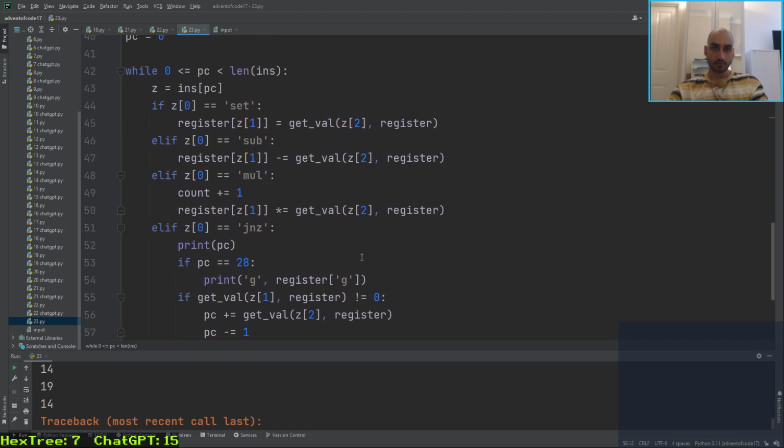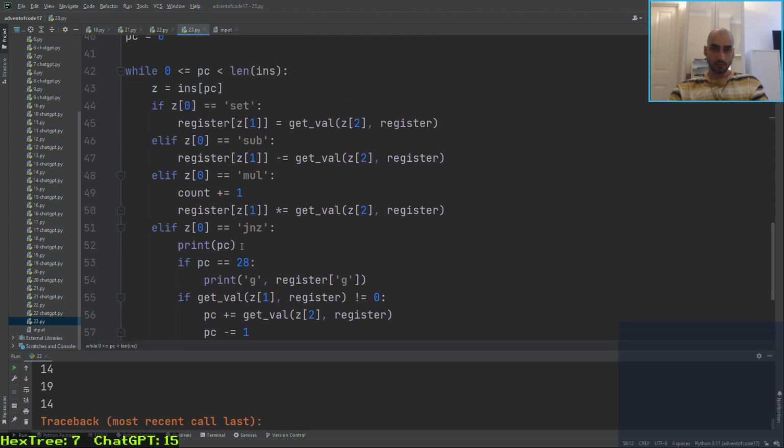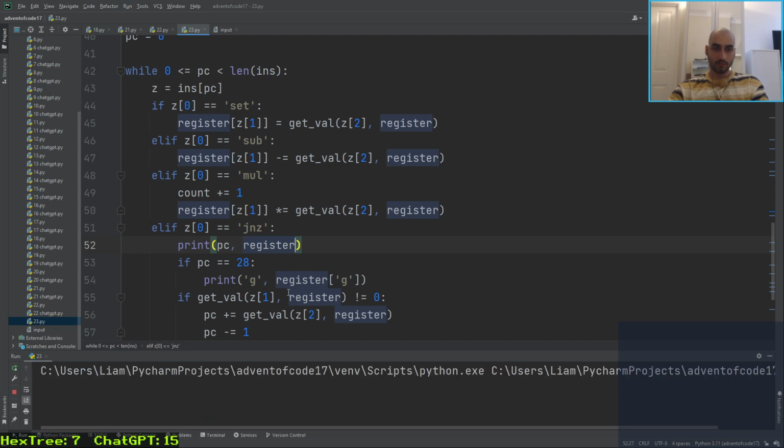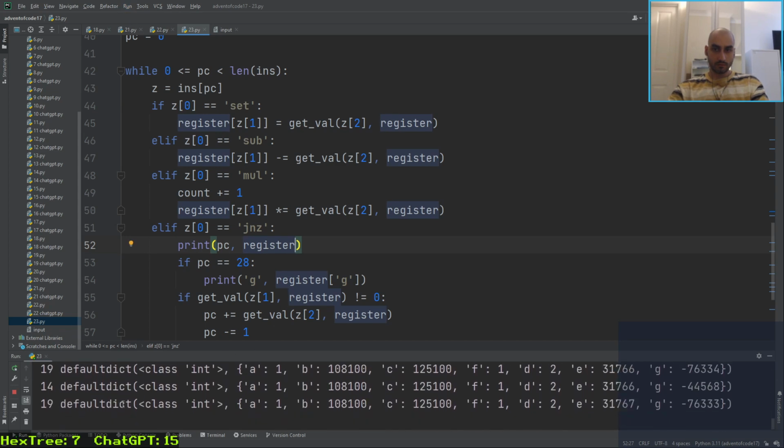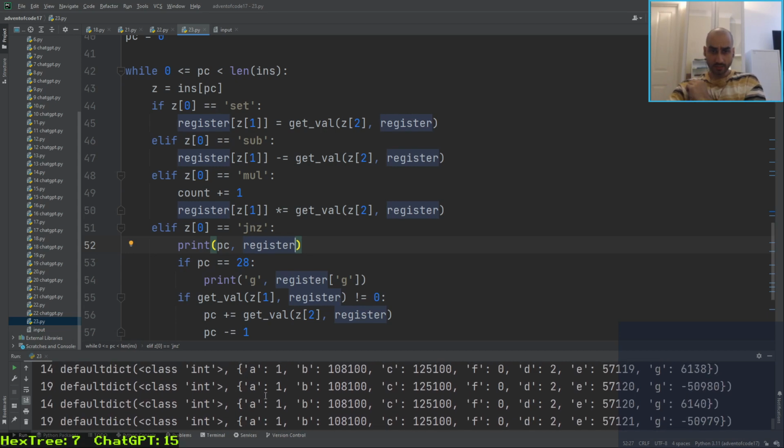I want to know. Okay, let's have a look at this. A is 1, B is that number, C is that number, F is 0, D is 2, E is that, G is that.